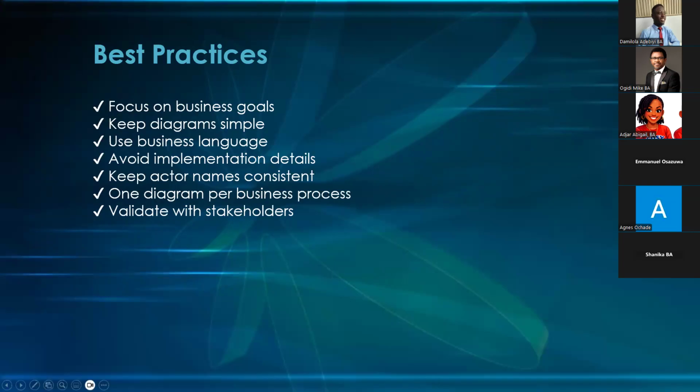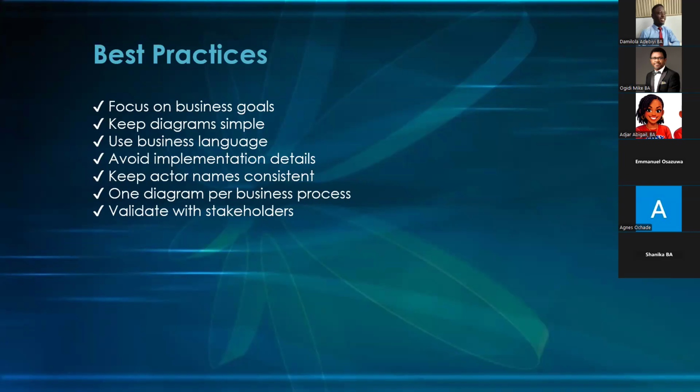So best practice, focus on the business goal. What is the goal? When you're doing a business case, you want to focus on the goal. That's why you need to understand what you are building and why you are building it. And what exactly are you trying to benefit from that? If you build it, what will you benefit?